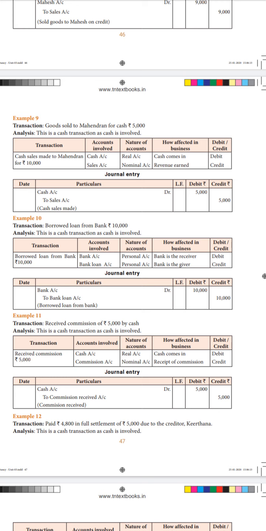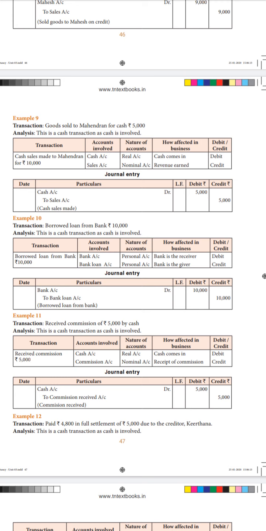It gives some income to the business, right? So whenever we receive any income, it is to be credited as per the nominal account rule. So here the entry will be cash account debtor to sales account, and you will write the amount in the debit and the credit column as rupees 5,000.